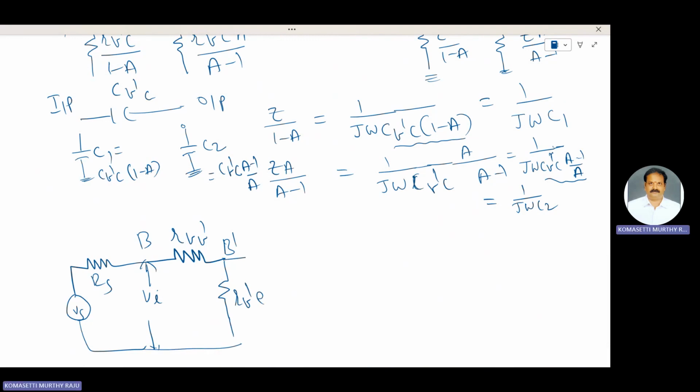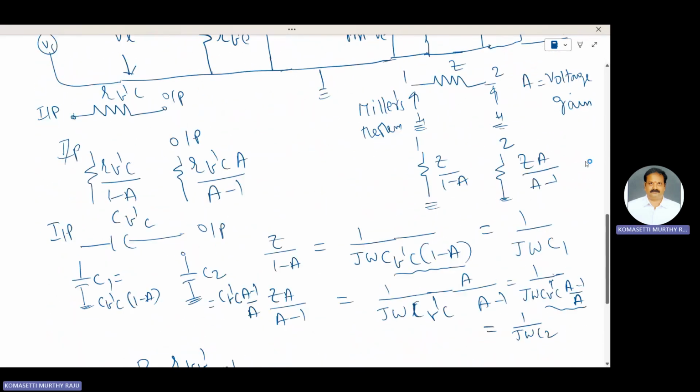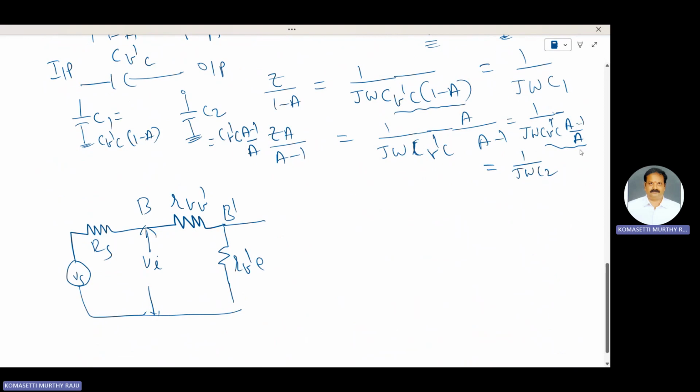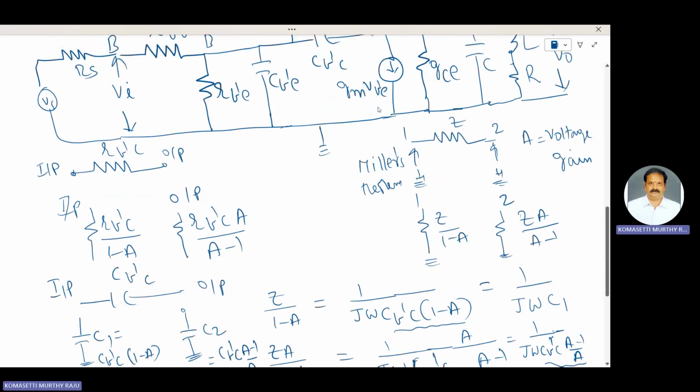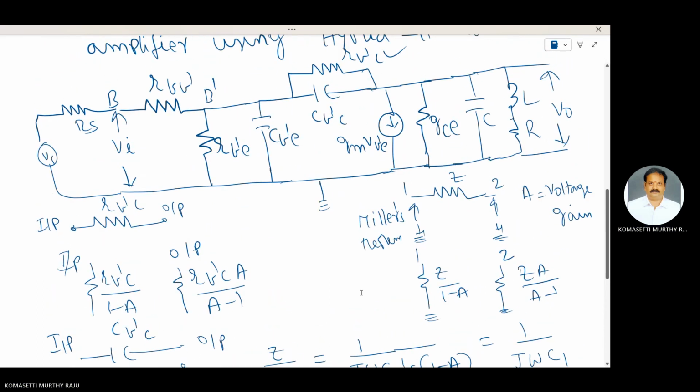The input side circuit is like that. CB'E is also there at the input side. One more resistance is there at the input side. This RB'C is common to both input side and output side.